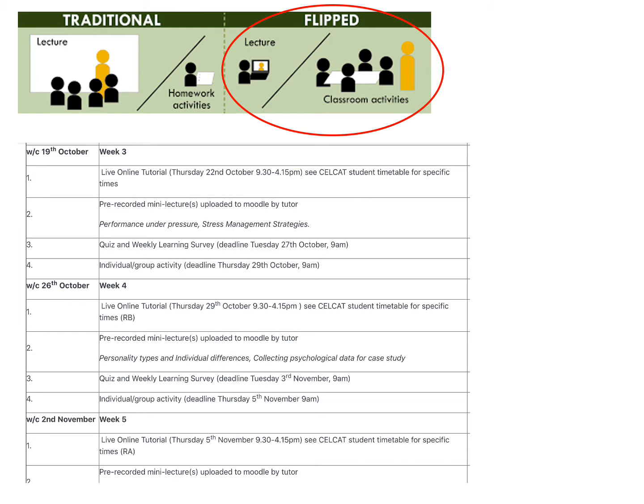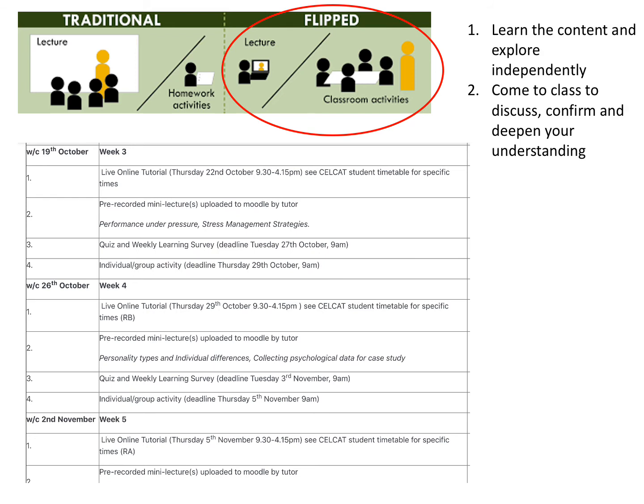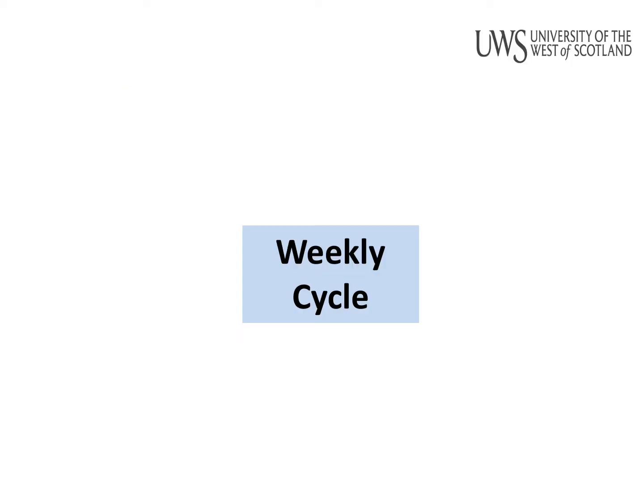Then the next week, on week 4, you will do the tutorial about the previous week's content. So you come to Moodle to learn the content, and then come to class to discuss, confirm your understanding and deepen your knowledge.